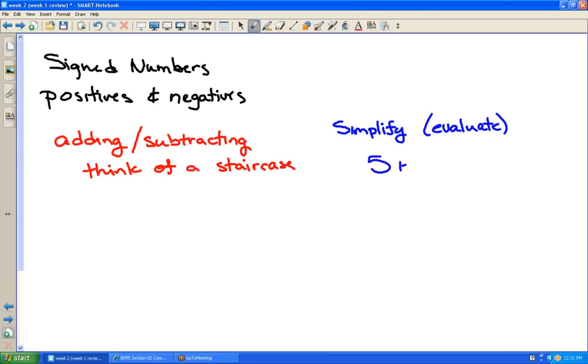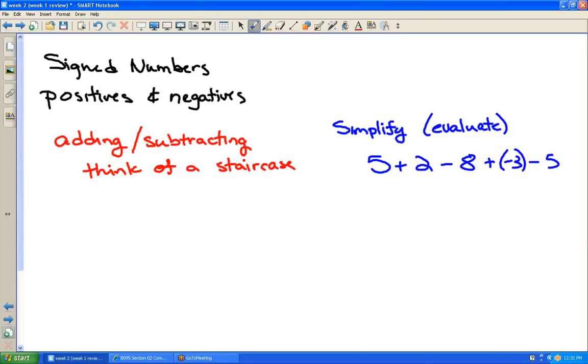example. So let's say I say 5 plus 2 minus 8 plus negative 3 minus 5. So I've got positives, negatives. I always think of the sign as going with whatever follows.